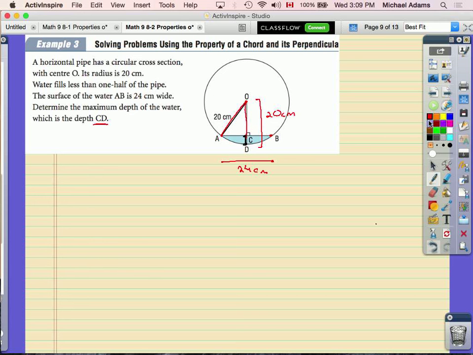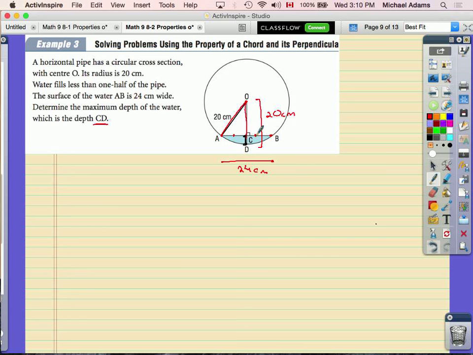Now if we understand that this is the center, and this is the chord, a line from the center going to the midpoint of the chord is going to divide it in half, perpendicular, so that means this will be the same length. So how are we going to do this?